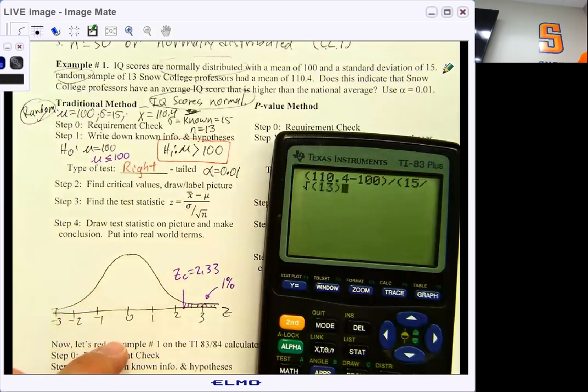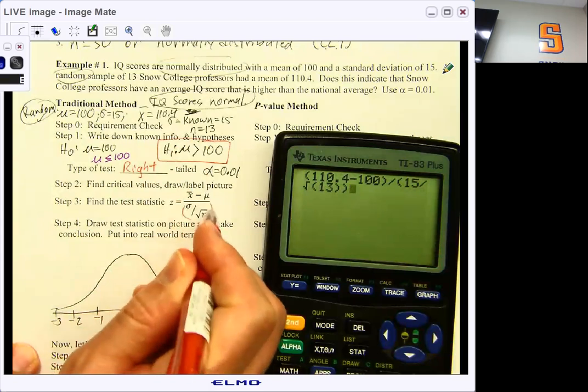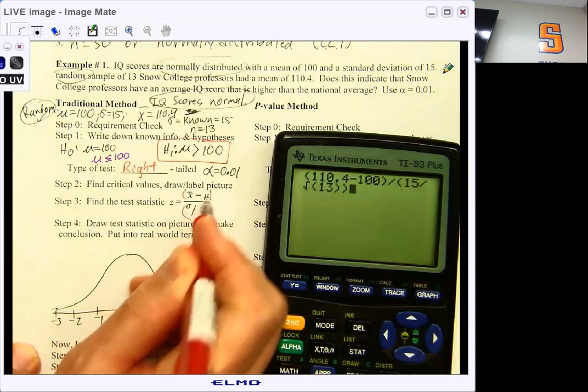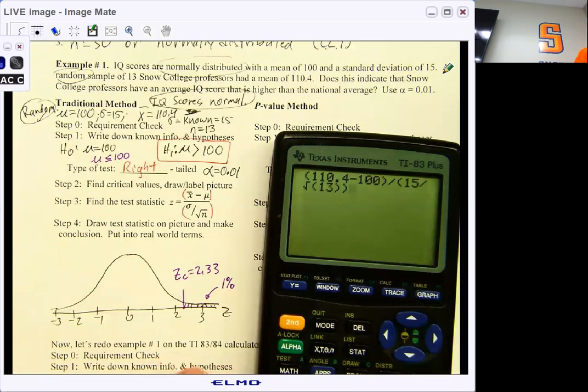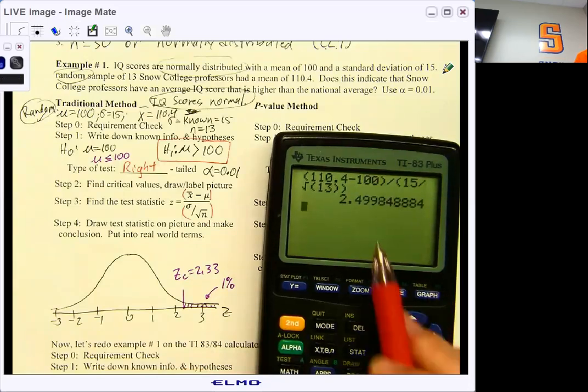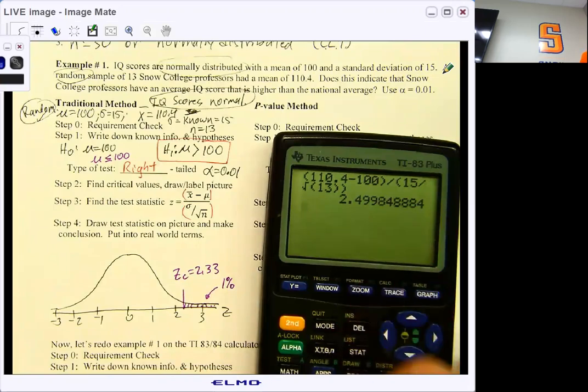Good thing we wrote that all down. We do have an operation in the bottom, so we need parentheses on top and bottom. If we do that, we get a test statistic of, rounded to 2 decimal places, 2.50.